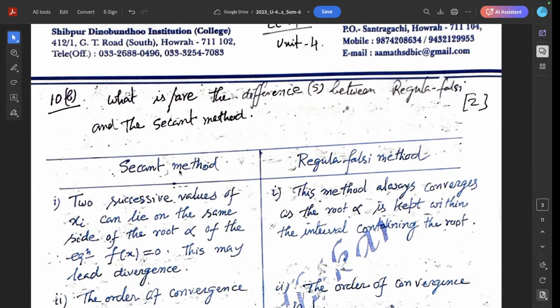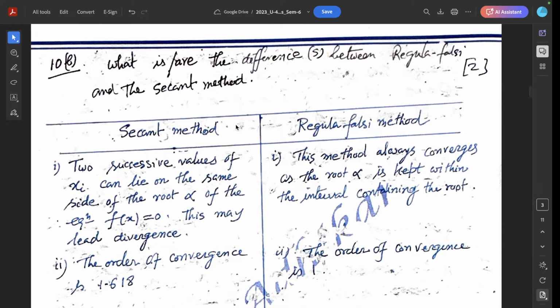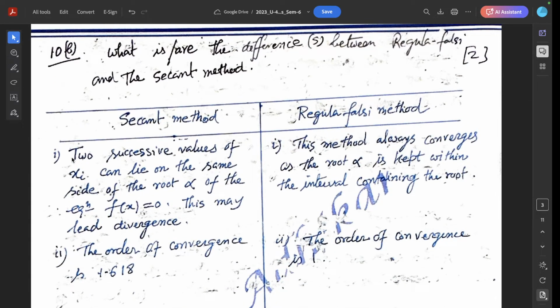Next question can be: what are the differences between the regula falsi and secant methods? In the secant method, the two successive values of xi can lie on the same side of the root alpha of the equation f(x) equal to 0.